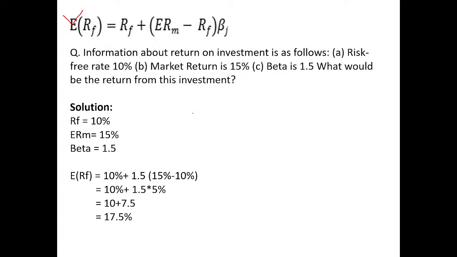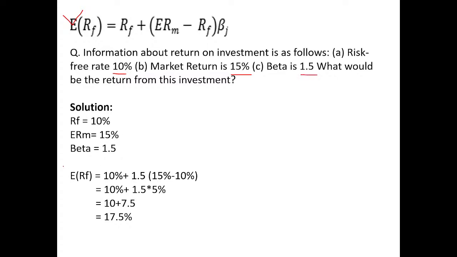So, information is given to you. Risk-free rate is 10%, market return is 15%, and beta is 1.5. What would be the return from this investment? So, we have risk-free rate, which is 10%, market return, which is 15%, and beta, which is 1.5.